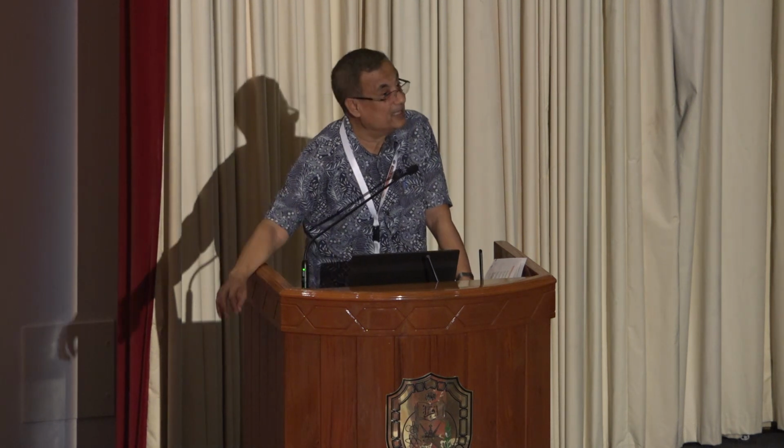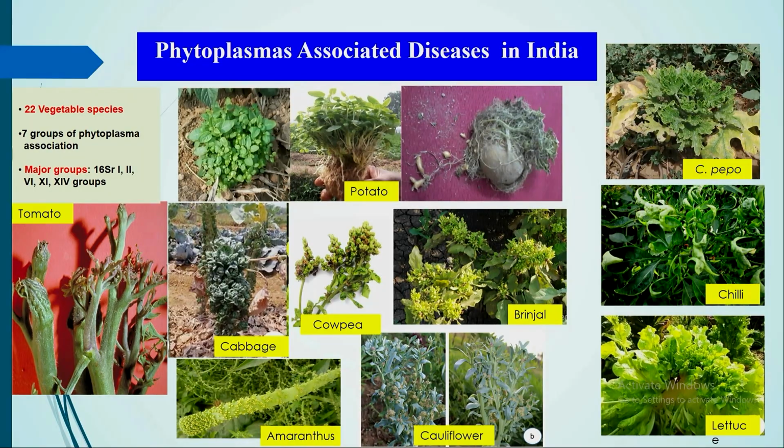Here you see, just for information, I have listed the symptoms of different important phytoplasma diseases on vegetable crops. As I told you earlier, so far we have recorded phytoplasma diseases in 22 vegetable species belonging to 7 groups.